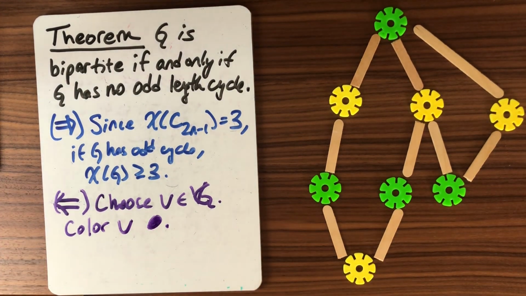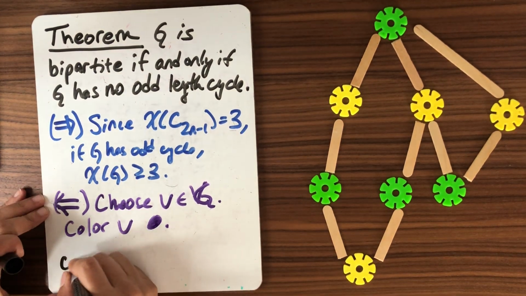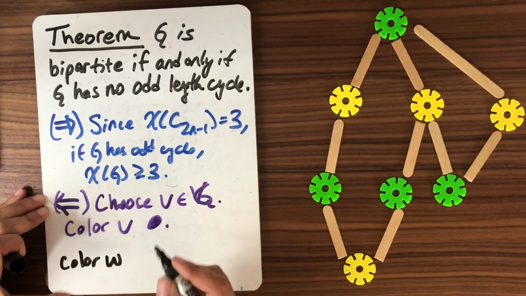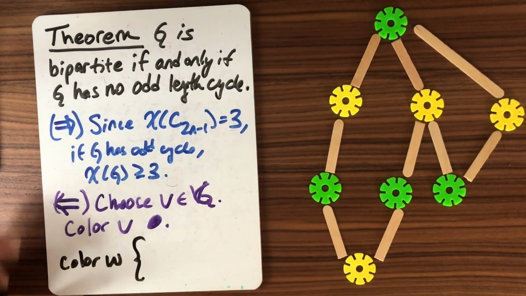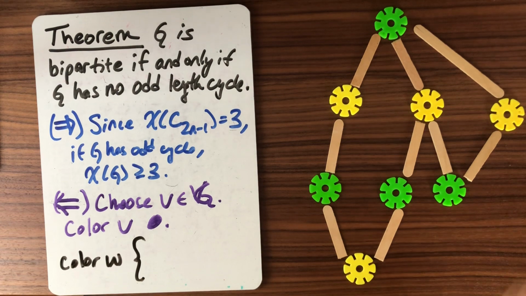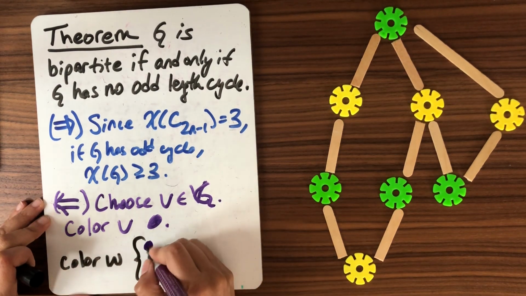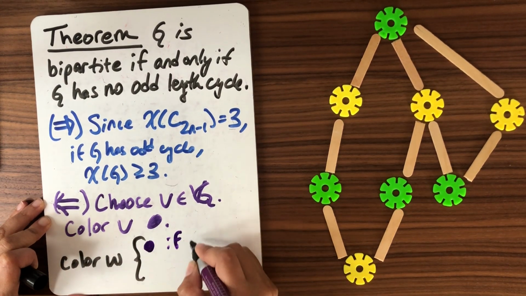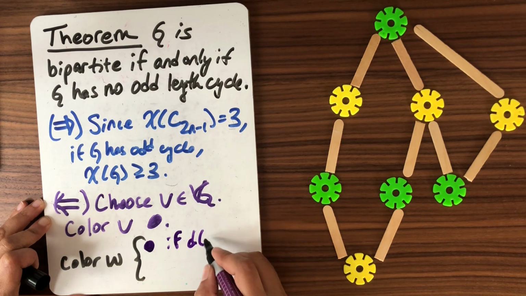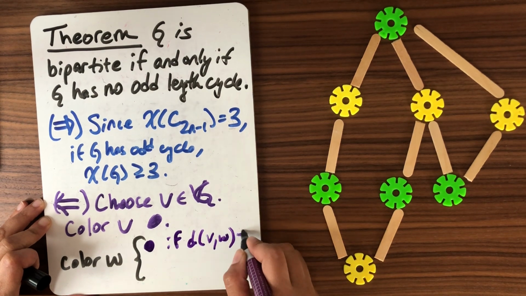And now what I'm going to do is I'm going to tell you a rule for coloring every other vertex. So we're going to color W one of 2 possible options. We're going to color it purple if the distance from V to W is even.